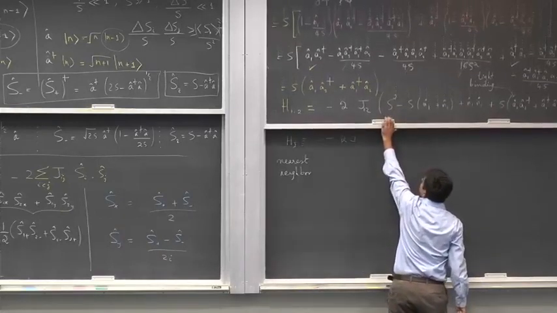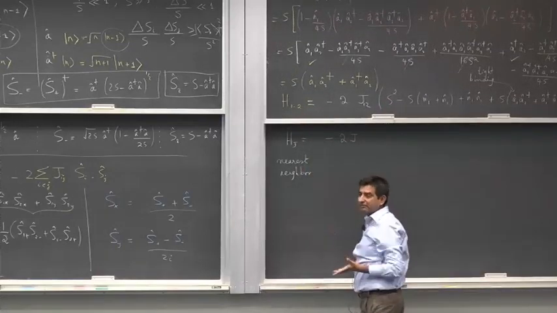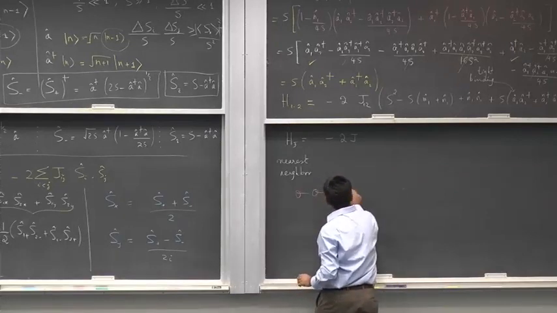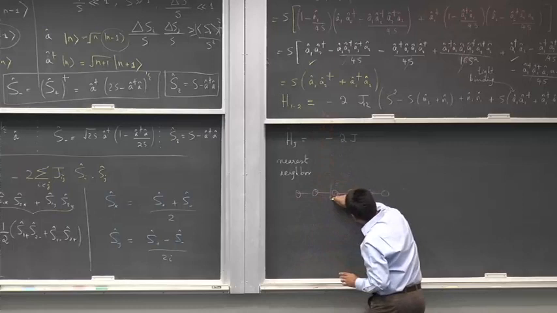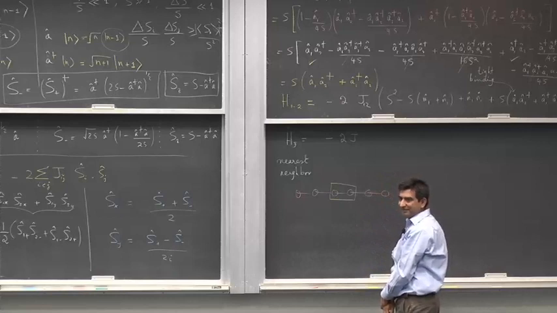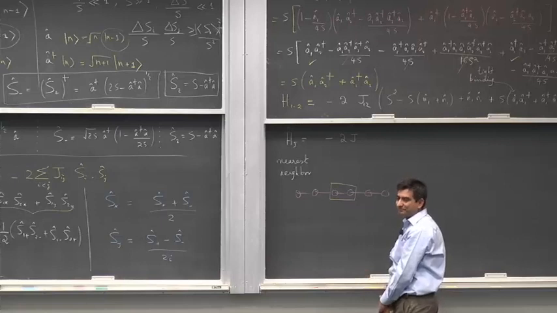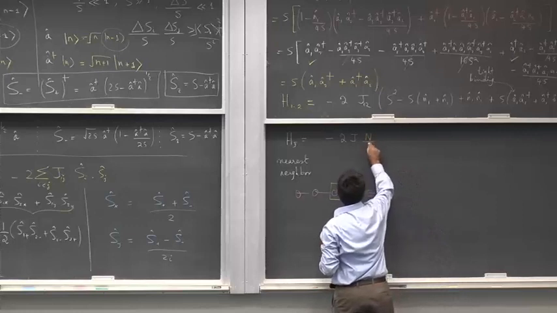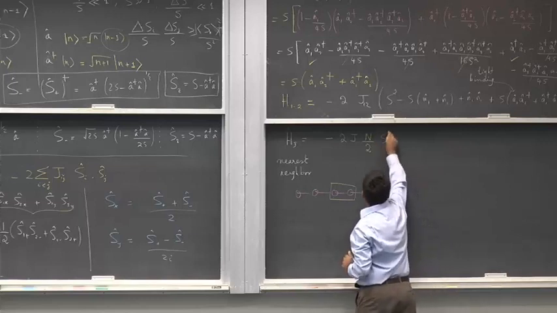Now this is S squared. Remember that this is the Hamiltonian for each pair. If I draw a single chain, H12 is the Hamiltonian for a single pair, and there are many such pairs inside the chain. How many pairs exist? N over 2. So the first term, how many pairs exist? N over 2 into S squared.